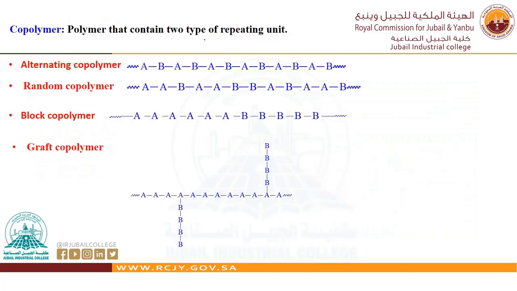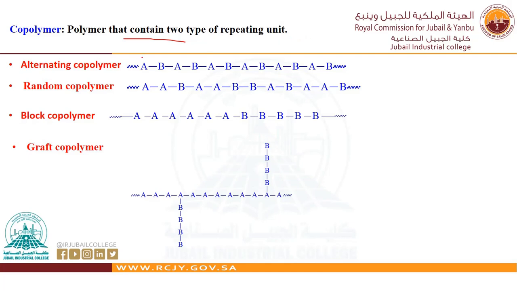And sometimes you could have a polymer that is formed from two different monomers, or have two different repeating units. For example, if A represents one unit and B represents another unit, then there are four possible arrangements when you copolymerize two different monomers.